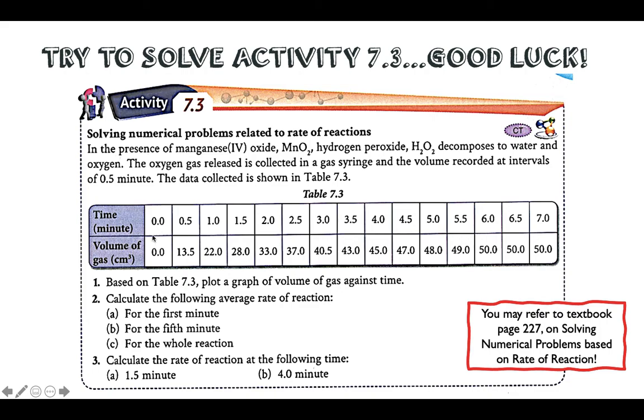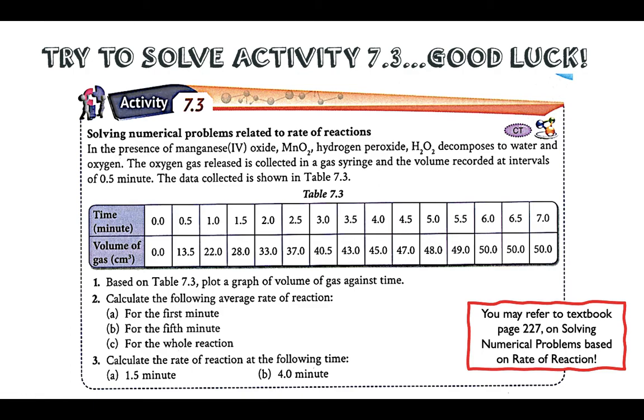Okay, plot dulu. There are altogether ada 15 points here. So make sure awak dah plotkan 15 points. Plot on your graph paper. And buat calculation untuk average ni macam biasa for the first minute, for the fifth minute, and for the whole reaction, average, total average rate of reaction.